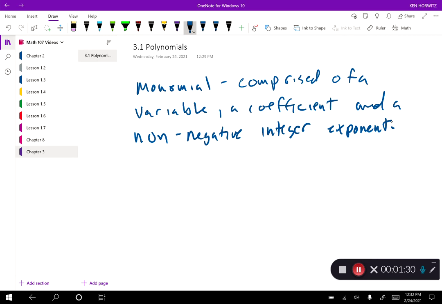All right, so that is what a monomial is. It's a single term comprised of a variable, a coefficient, and a non-negative integer exponent.